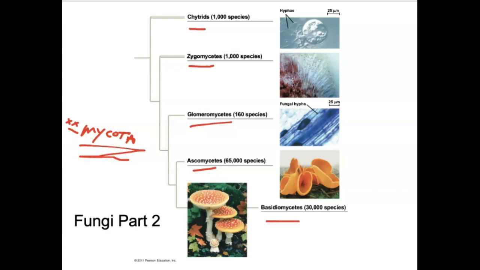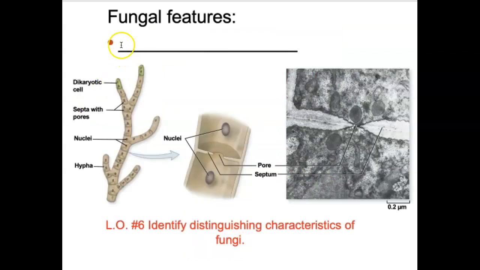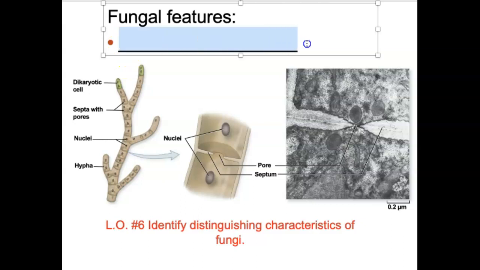So, all right, now let's start looking at fungal features. When we look at an organism, how do we know it's a fungus and not an animal, a plant, a protist, a bacteria, etc.? Well, we're looking for some distinguishing features. And one of the distinguishing features that helps identify fungus are these things called hyphae.